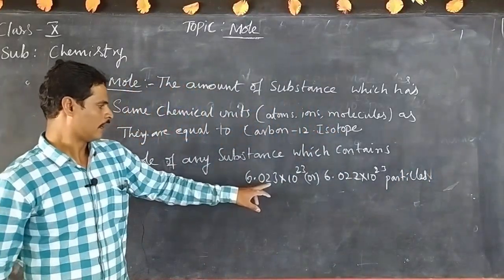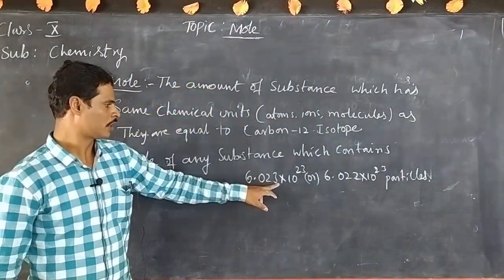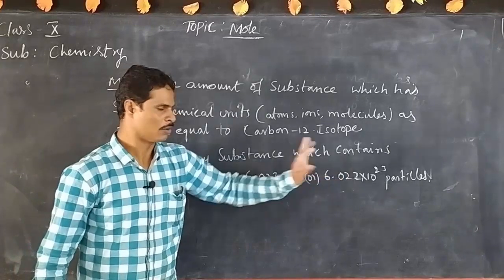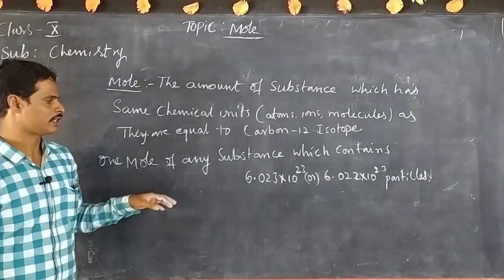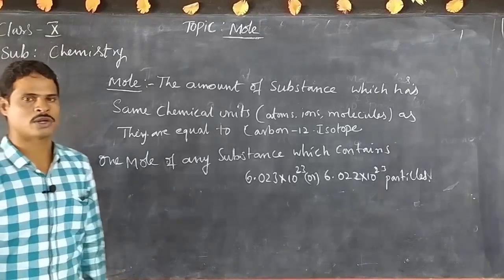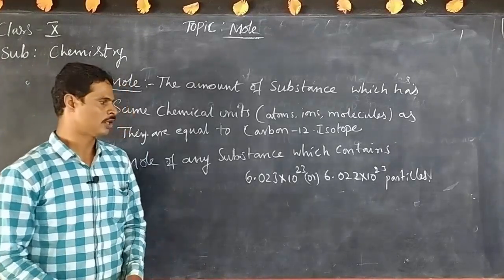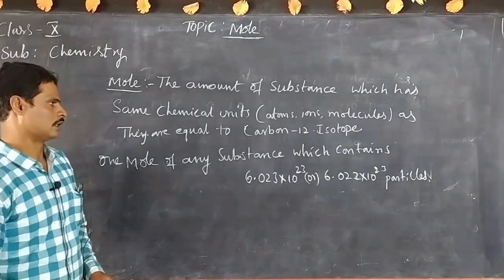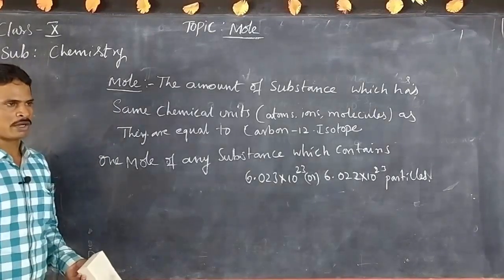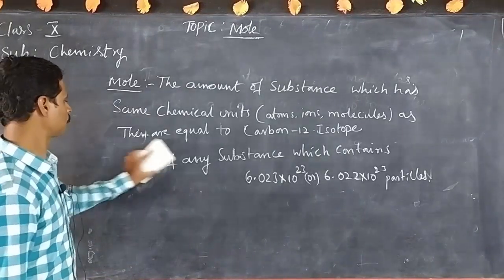We should write 6.023 or 6.022 into 10 to the power 23 particles. Now we can calculate examples one by one.